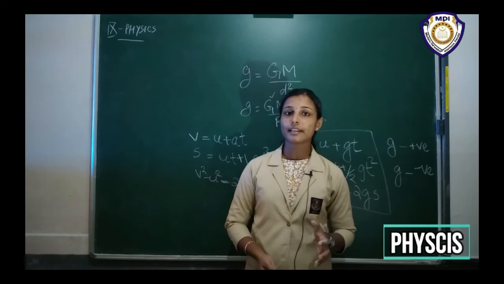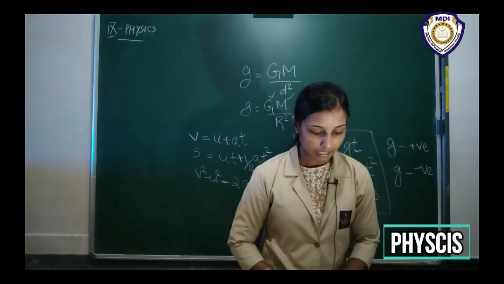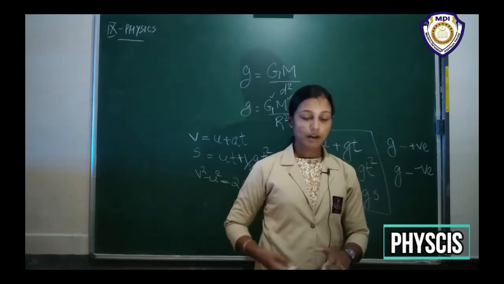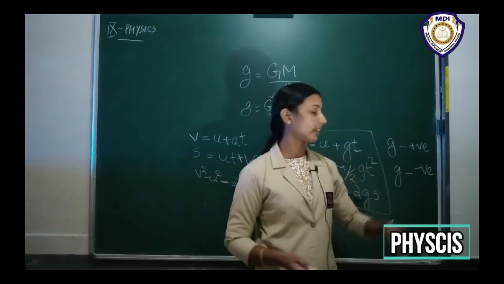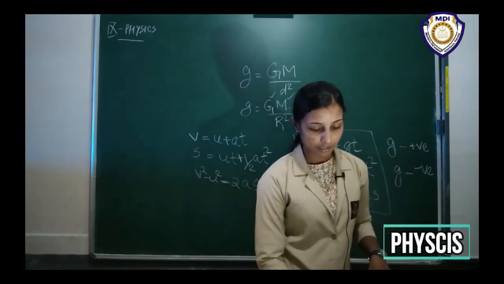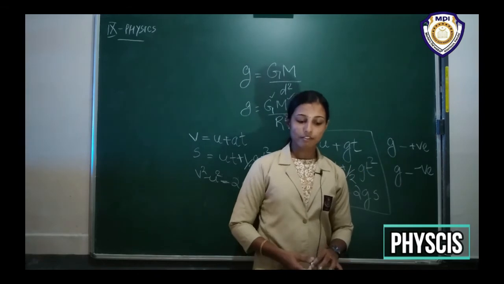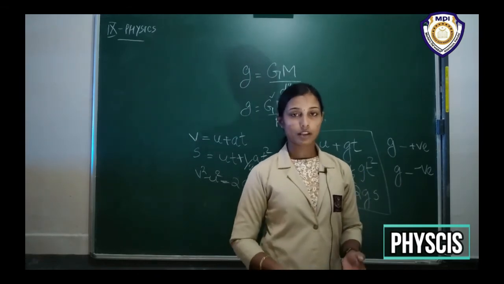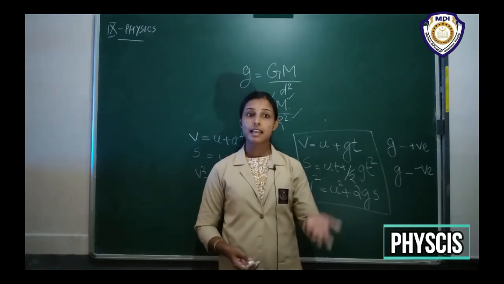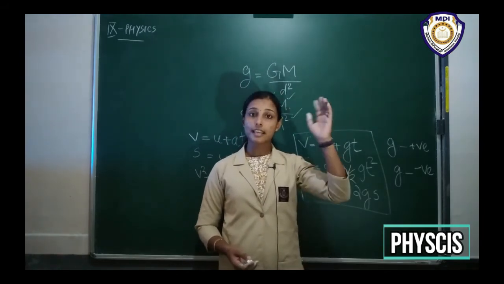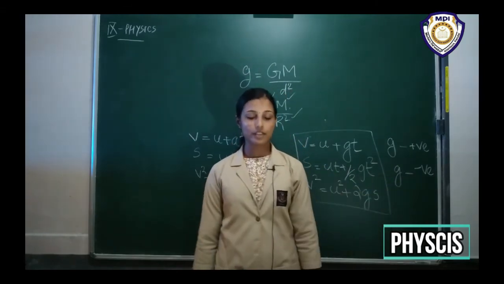So if the acceleration due to gravity is in the direction of motion, then we take that as positive, and it is taken as negative when it opposes the motion. When it opposes the motion, meaning the acceleration is against the direction of motion, we take that as negative.